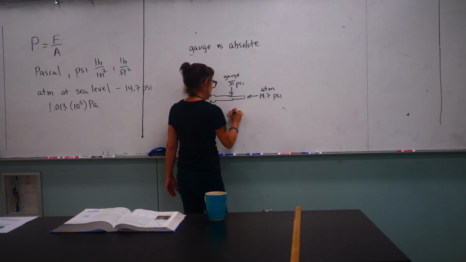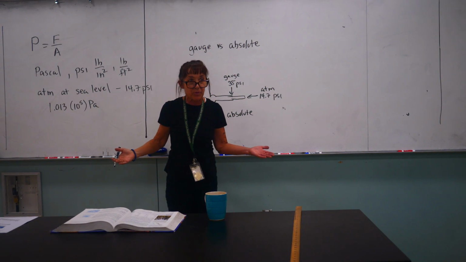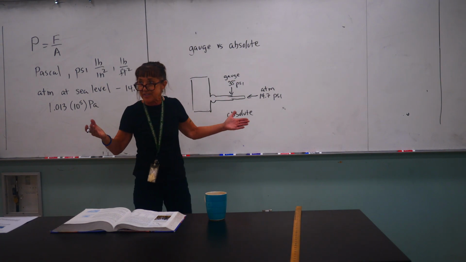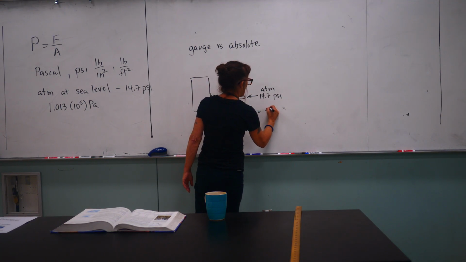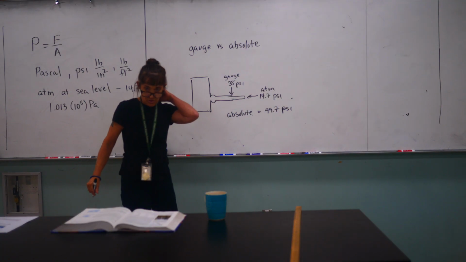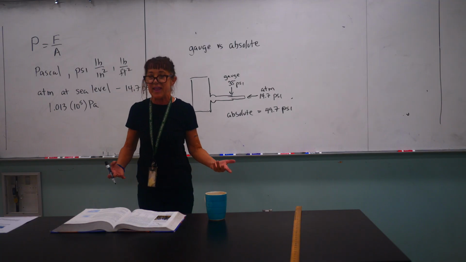So absolute, in other words, what the pressure would be if I took that tire out to space where I have no atmosphere pressing on it, is going to be 49.7 psi. Okay? So we'll be doing some problems with gauge and with absolute.